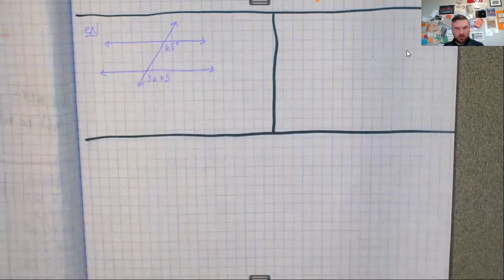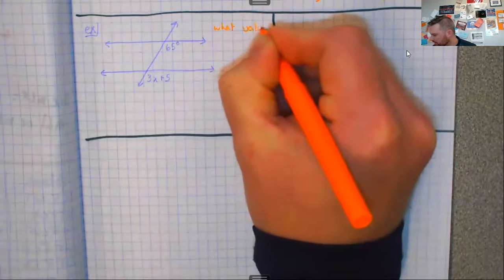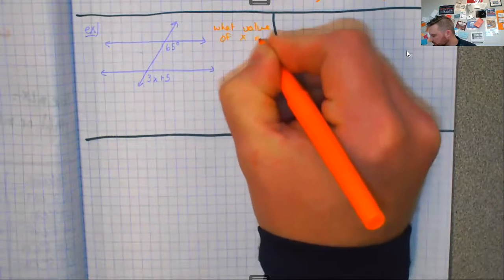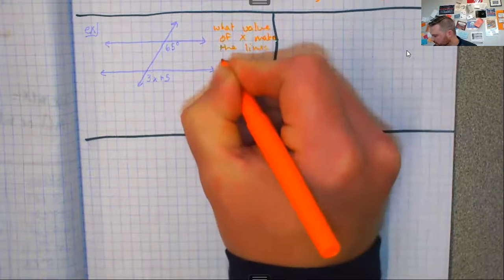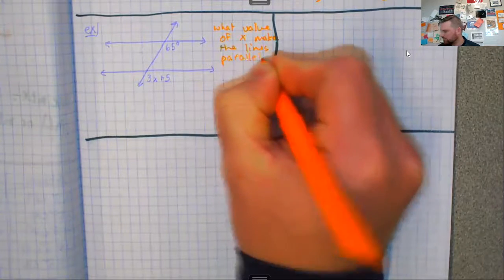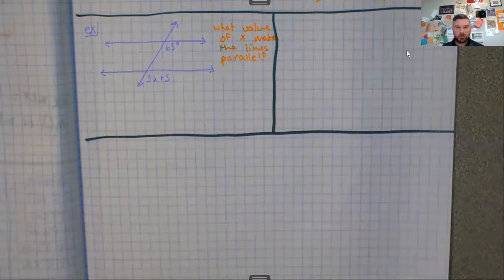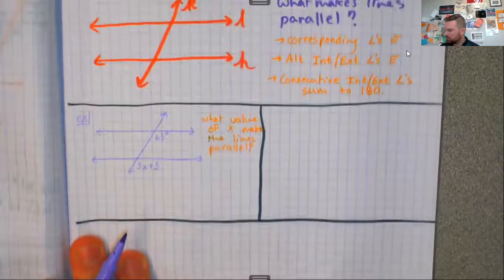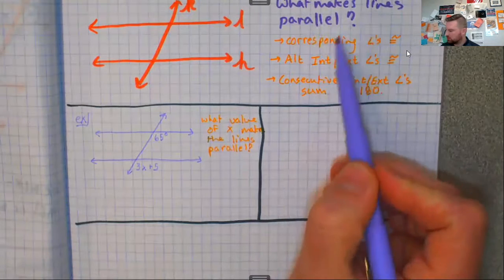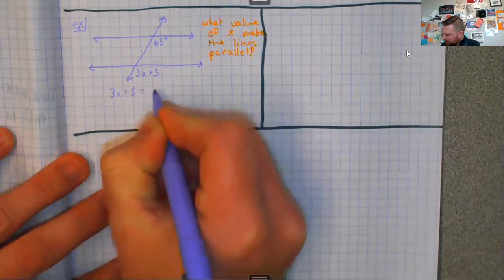So the question might be, what value of x makes the lines parallel? First you've got to realize what angles you have. We have corresponding angles here, and from right up here, to make lines parallel, corresponding angles have to be congruent. So this angle has to be the same as this angle. So 3x plus 5 has to equal 65.